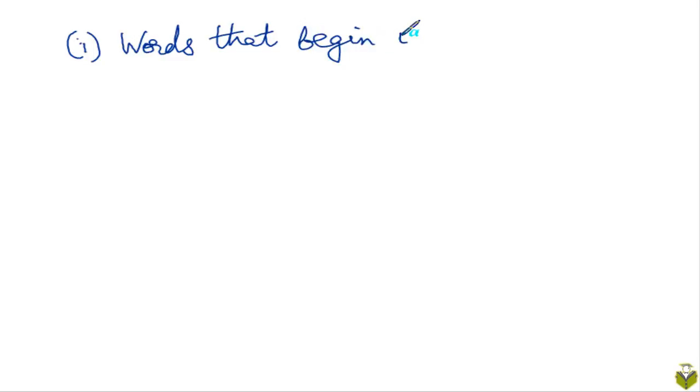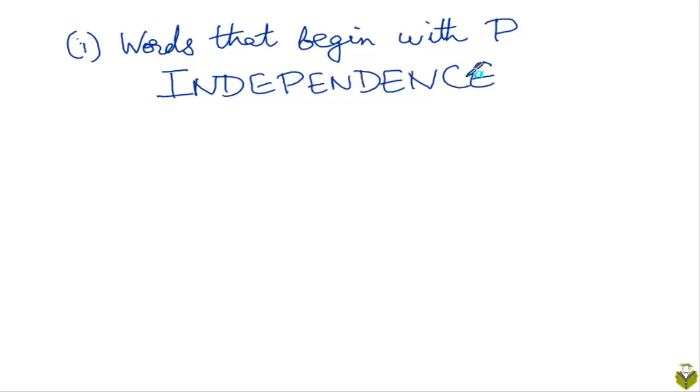For the first part, we have to find words that begin with P, and we have to use the objects in independence, right? So how many objects are there in independence?